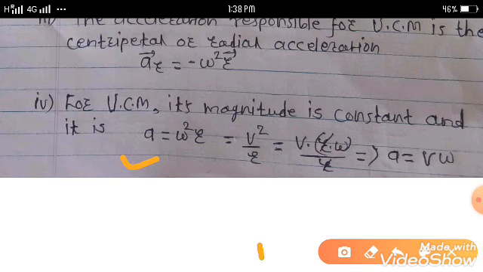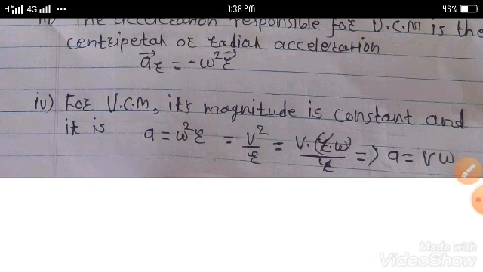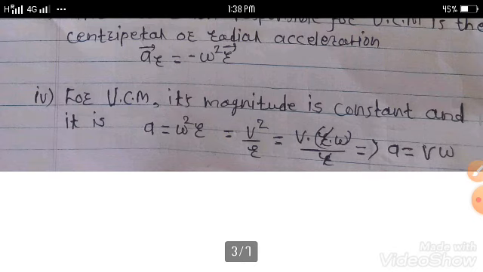Here we can write v square upon r, and the value of v is equal to r into omega. Put this value here, r gets cancelled, remaining a equals v into omega. This is a relation between linear acceleration and linear velocity into angular velocity.